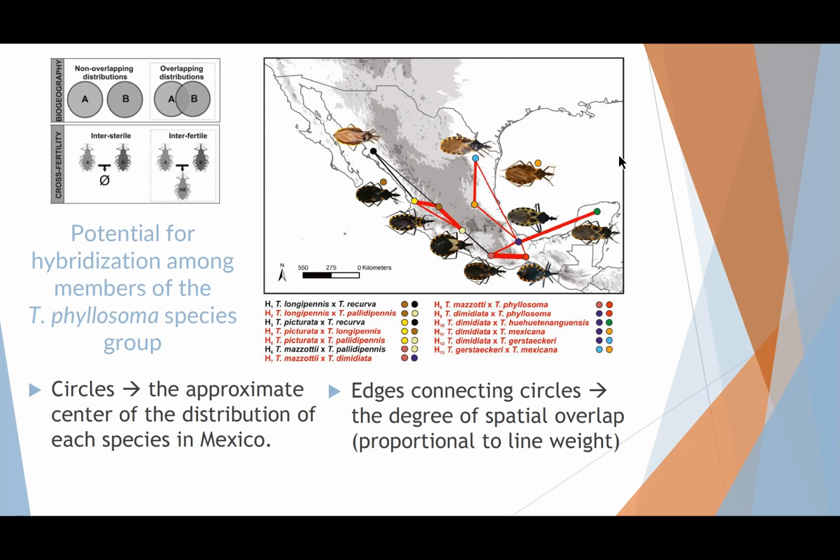We can see that some lines are wider than others, and this is because wider lines represent a bigger degree of spatial overlap.